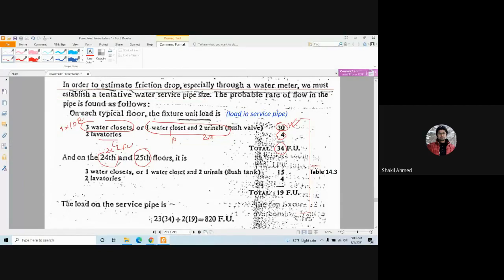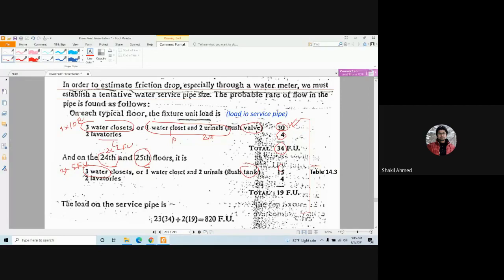But in 24th and 25th floor, remember, we have used flush tank instead of flush valve. And flush tank requires fewer fixture units. So here, the fixture unit requirement is 5 fixture units for 1 water closet. For 3 water closets, this is 3 into 5, 15. So this was flush valve, this is flush tank.